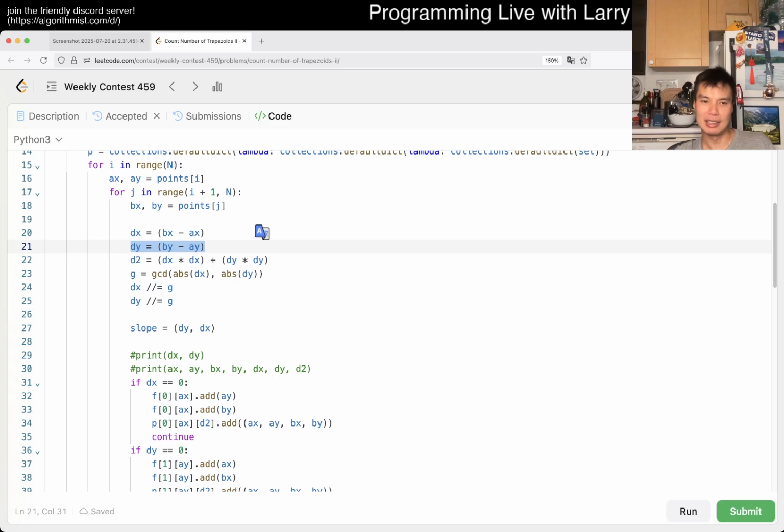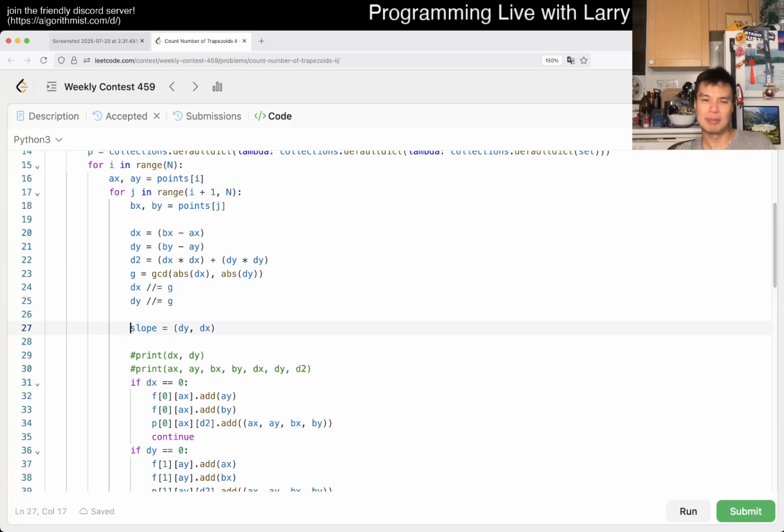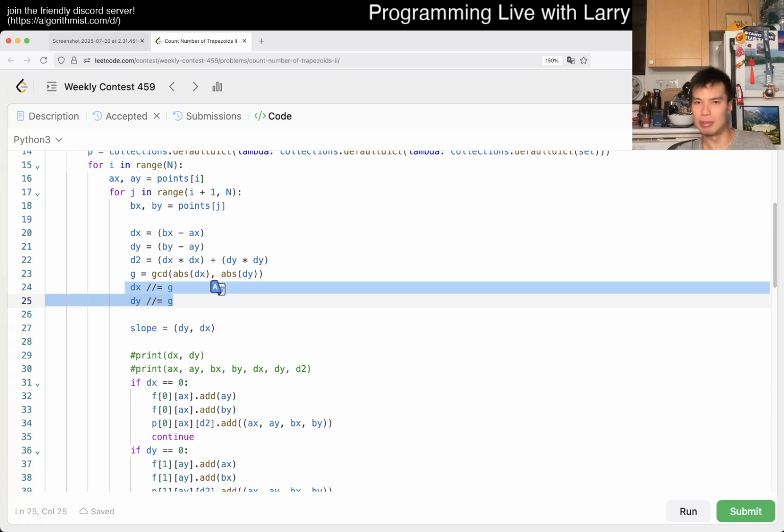After we divide by the greatest common divisor, you can also think about it as a fraction. So slope is dy over dx. We divide out the greatest common factor so that you have a reduced form, is it? I don't remember all the terms from elementary school, ironically, but you get the idea.